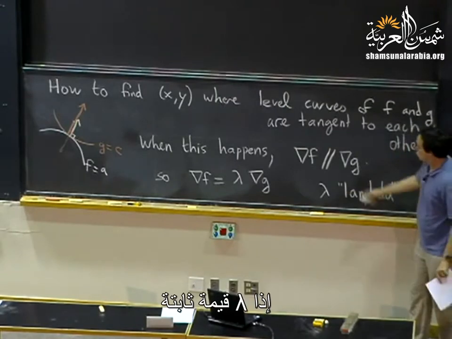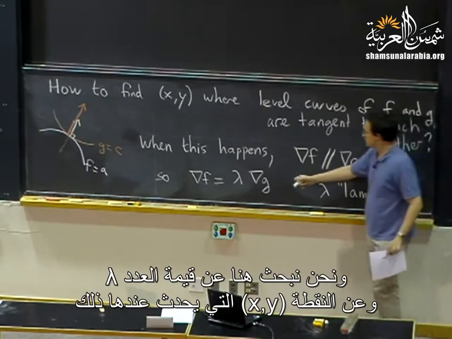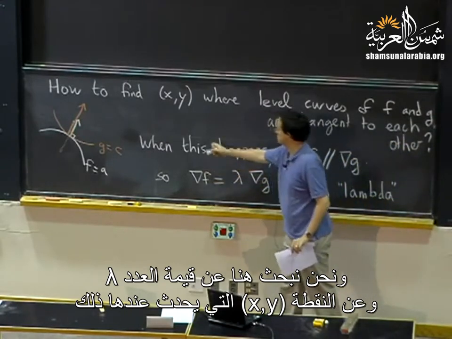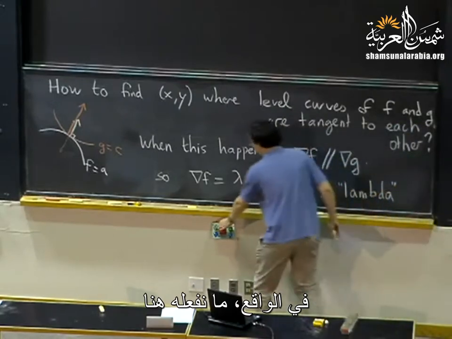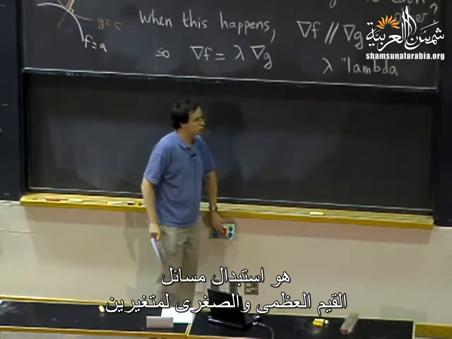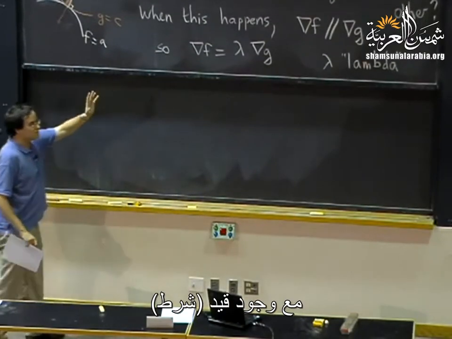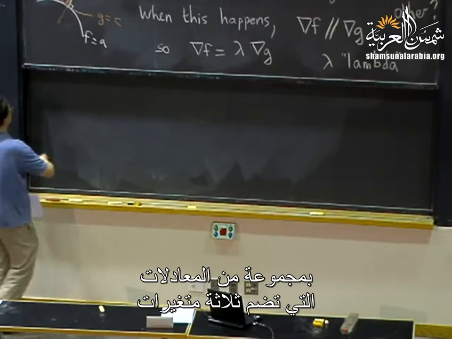Okay, so lambda is just a constant, and we are looking for a scalar, lambda, and points x and y where this holds. So, in fact, what we are doing is we are replacing a min-max problem in two variables with a constraint between them by a set of equations involving, you will see, three variables.